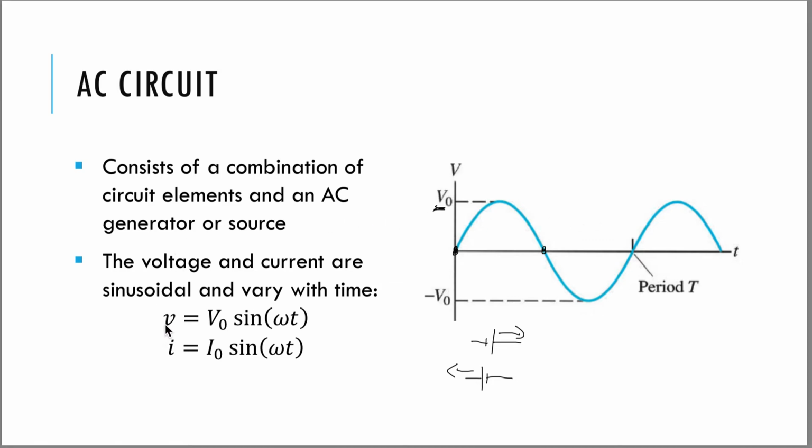I'm using the lowercase here to represent the instantaneous voltage and current, so the voltage and current at a specific time. Time is right here, so you can plug in whatever time you want and get your voltage at that time. V0 and I0 are the maximum voltage and current, and omega is the angular frequency that we learned about in the previous video with generators.